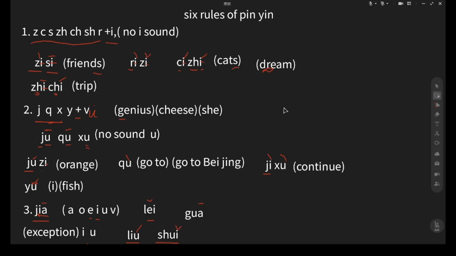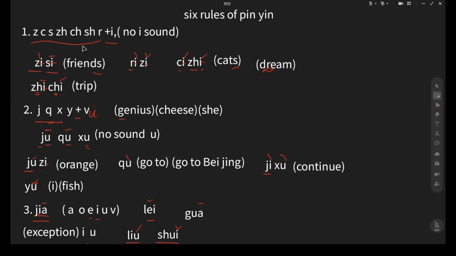Okay, so let's continue our 6 rules of pinyin parts, okay? And before that, we'll do a quick review. What we learned in last class, do you remember? We learned the 6 rules of pinyin parts, the number 1, 2, 3 rules. Rule 1: with this group, with E together, no E sound.